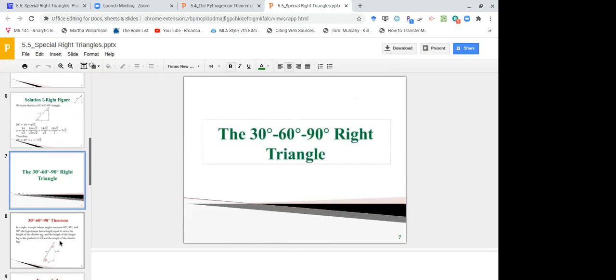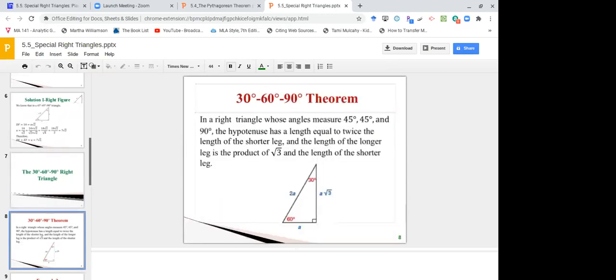And then we have the 30, 60, 90 right triangle. In the 30, 60, 90 right triangle, the side opposite the 30-degree angle is the shortest. The side opposite the 60-degree angle is the medium length, and the side opposite 90 is always the longest. Now, I like to think of this as the Goldilocks rule. It comes from the story of Goldilocks and the three bears, where the baby bear had a baby bowl of porridge, the mama bear had a mama-sized bowl, and the dad had a papa-sized bowl.